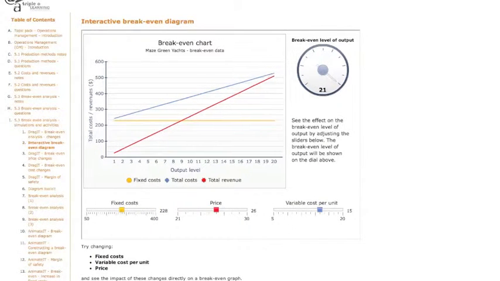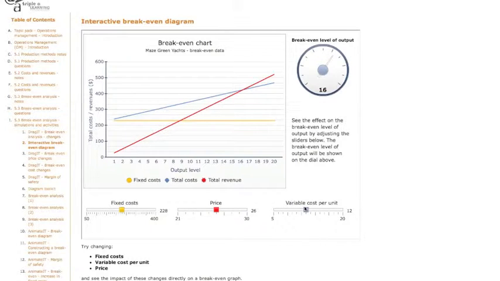And so again, now this is our variable costs, and variable costs are integrated in total costs, which is here. And so the lower the cost per unit is, again, the lower the break-even output is. And again, it's because the variable costs are integrated with fixed costs.